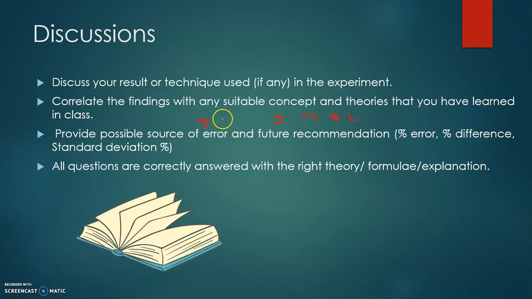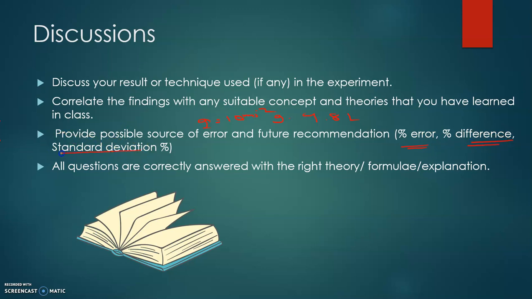And the value of g that you obtained from the experiment is 10 meter per second squared. You must make a comparison between the calculated value and the theoretical value. You make the comparison by the percentage error, or by the percentage difference, or by standard deviations.